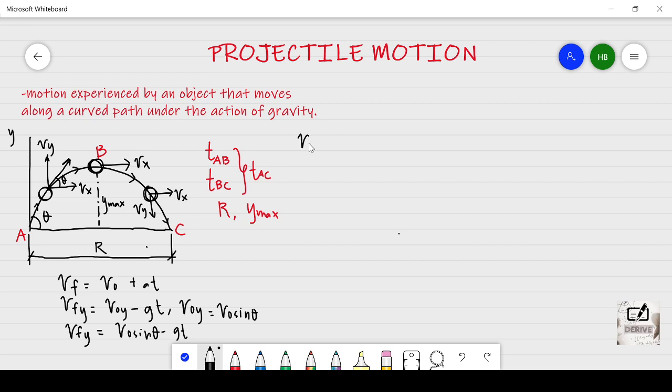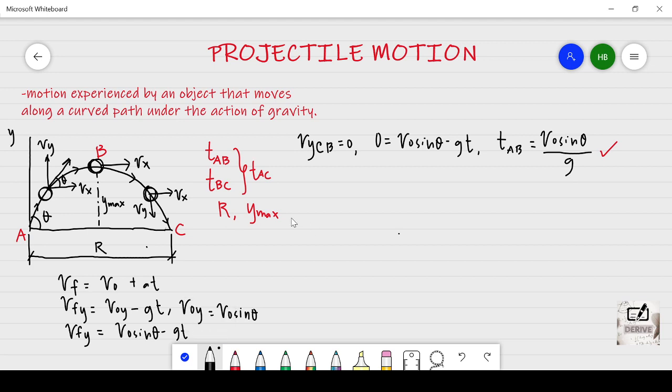So VFy at point B is equal to 0. Therefore, your equation will become 0 is equal to VO sine theta minus GT. There you have it. So T from A to B is equal to VO sine theta over G. You have your first equation for the time from A to B.